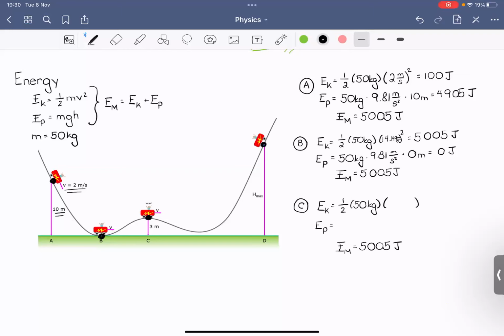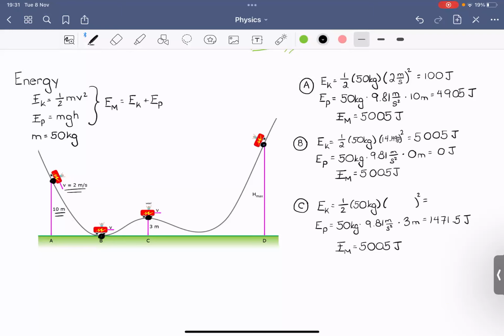Okay, so I'm going to leave that there. And my potential energy, 50 kilograms times 9.81 meters per second squared times 3 meters. Therefore, I'm going to have to do 50 times 9.81 times 3. This would be 1,471.5 joules.